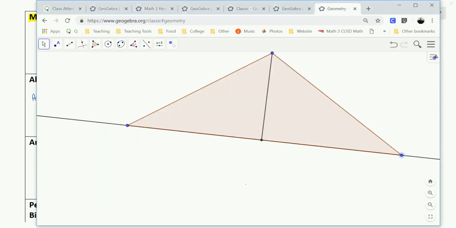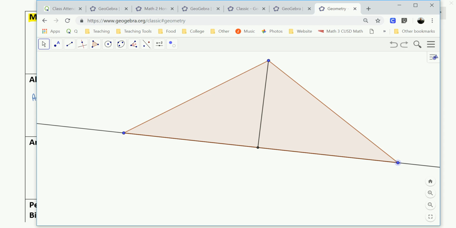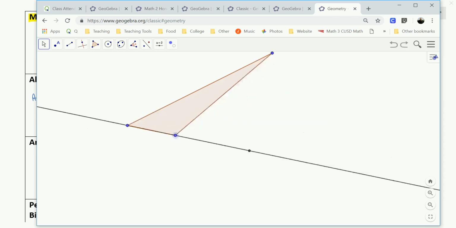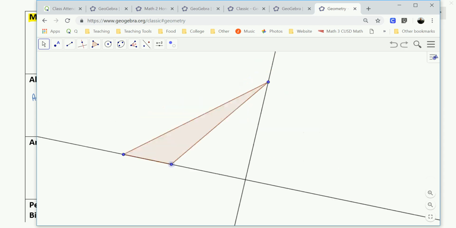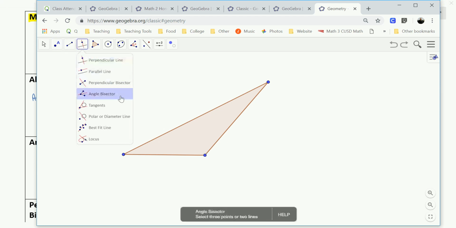Angle bisectors are really easy to construct on this program, and let me just show you real quick. There are harder ways to construct these, obviously, but we're going to use the built-in programs here. If you look at some of the options for the drop-downs, you have something called an angle bisector. So you don't have something called median or an altitude, but you do have something called an angle bisector that you can use.